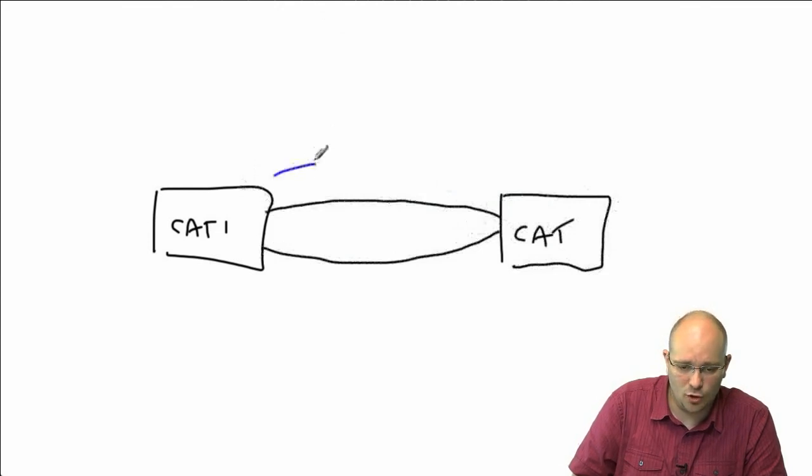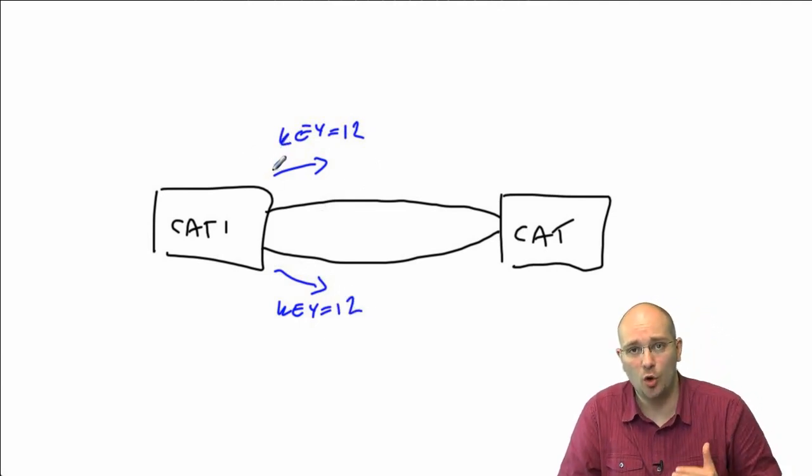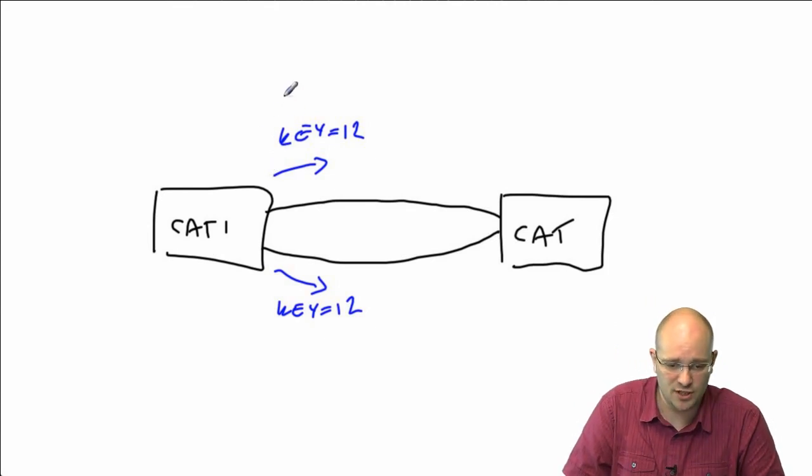Cat1 is on this side saying that its own key is 12. On this side, it's saying its key 12. And remember, there is that information about the local system MAC address.